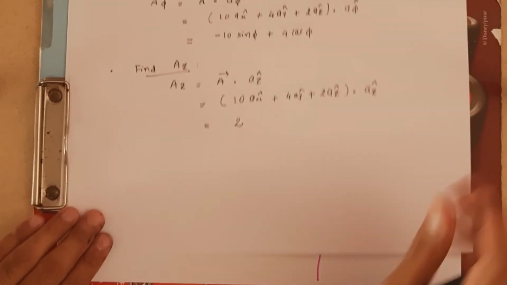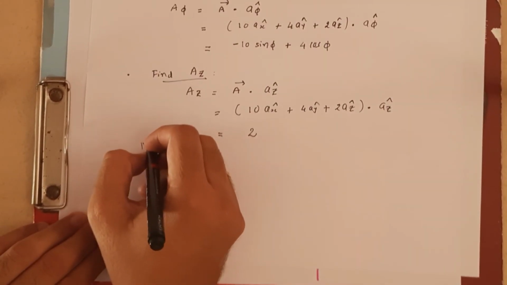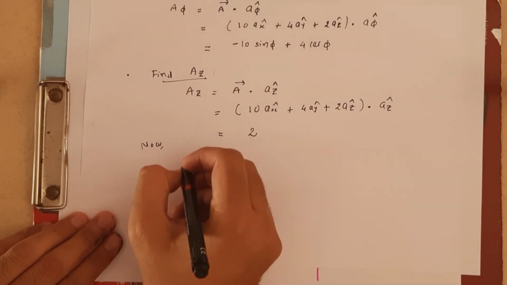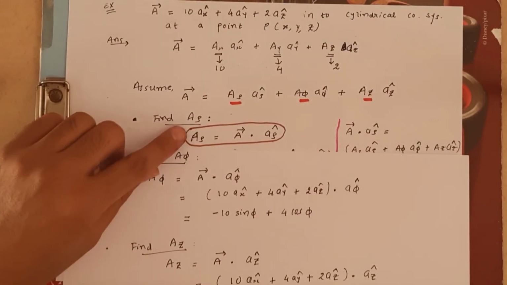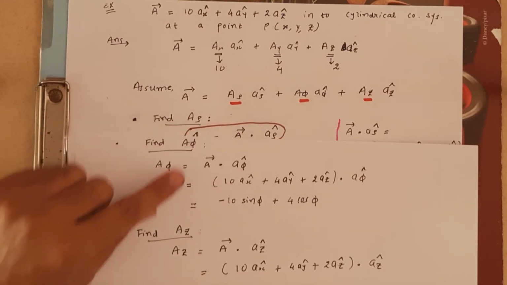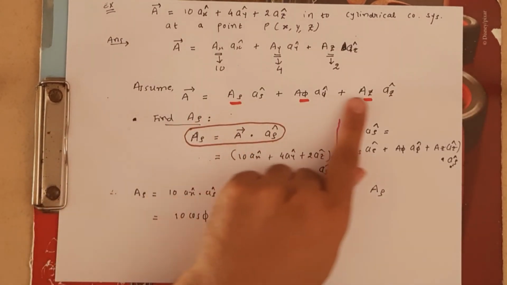Now what is my vector in the cylindrical coordinate system? My vector A is equal to, I just have to put these values of Aρ, Aφ and Az in this vector.